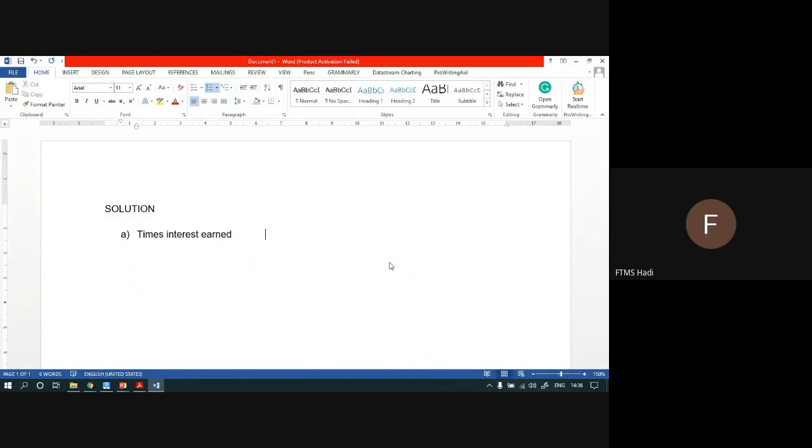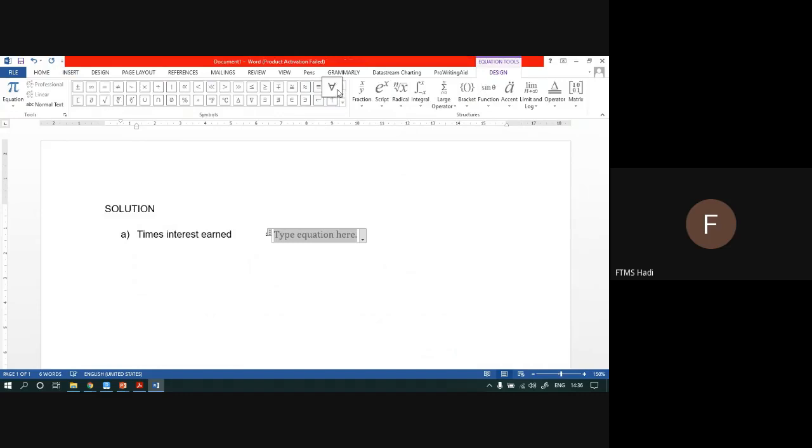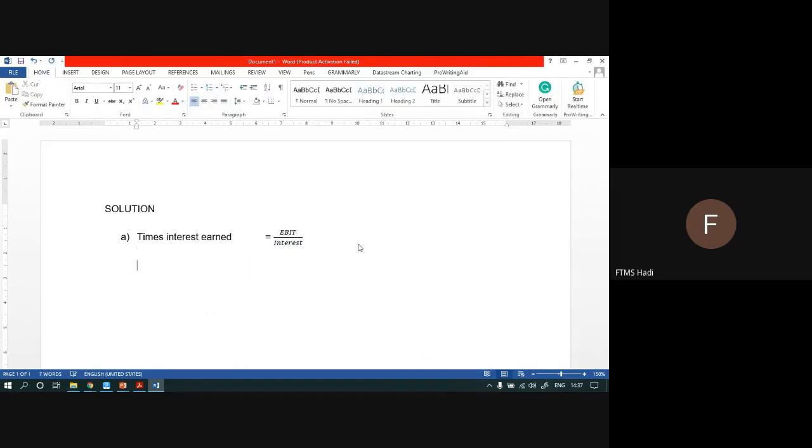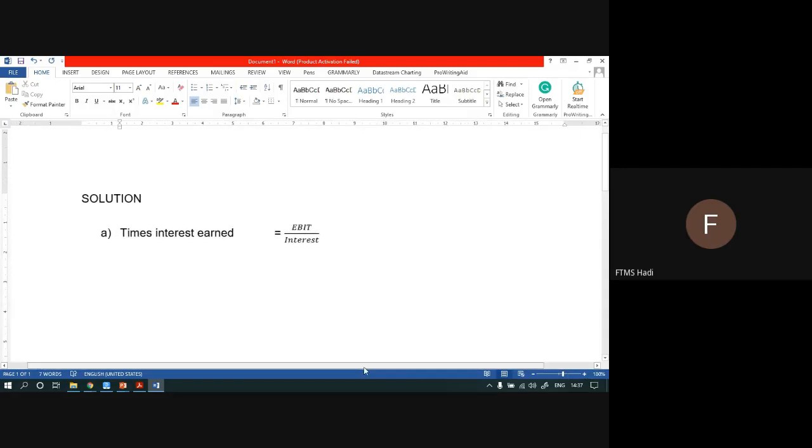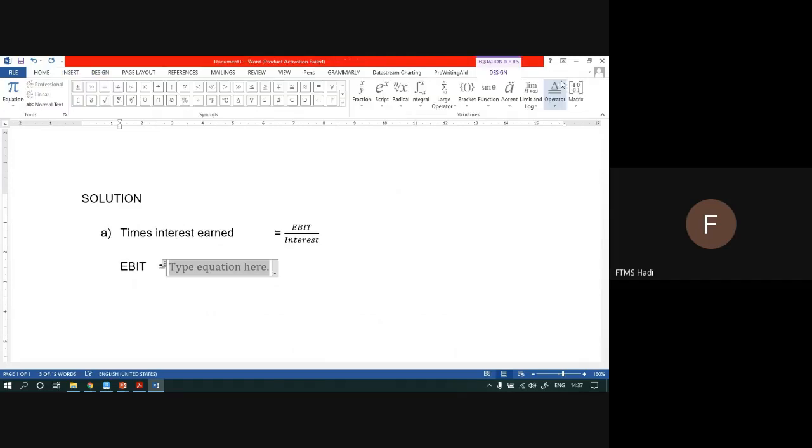Okay, so the original formula for times interest earned is EBIT divided by interest. So that is the first one. The issue here is how to calculate EBIT and how to calculate interest. For EBIT, hold on, let me write the formula for you.